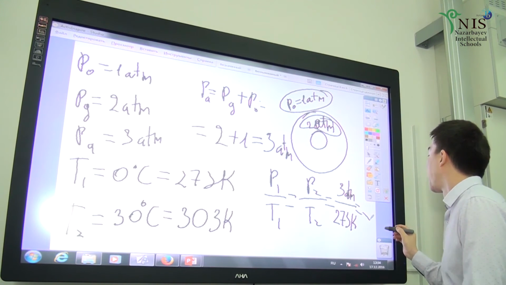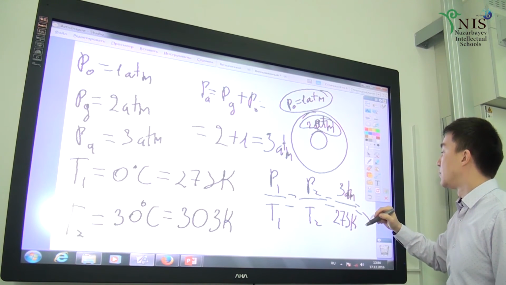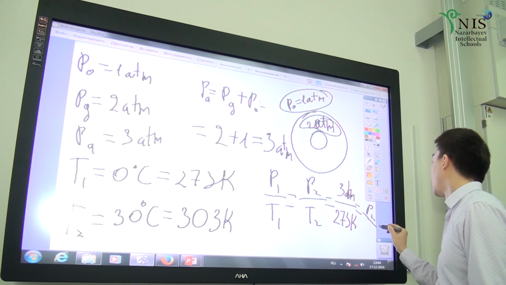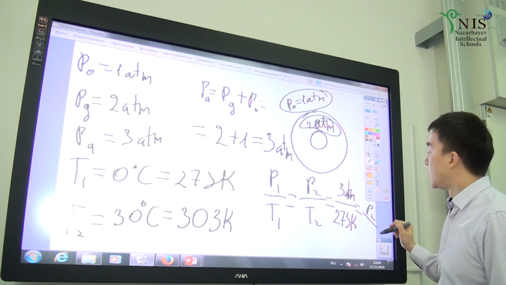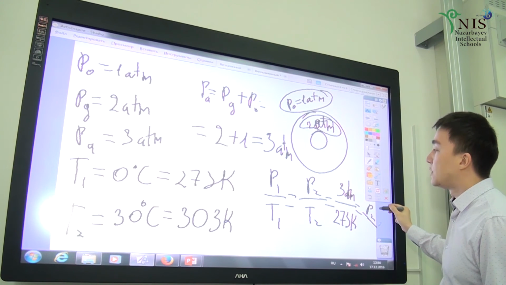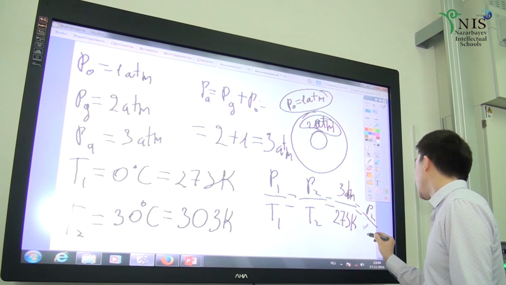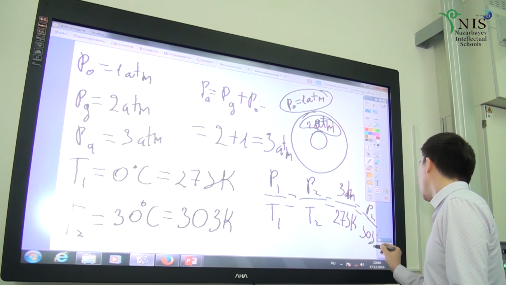It is equal to pressure 2, which is unknown. We need to find it, and its pressure is at a temperature of 30 degrees, that equals 303 Kelvin.